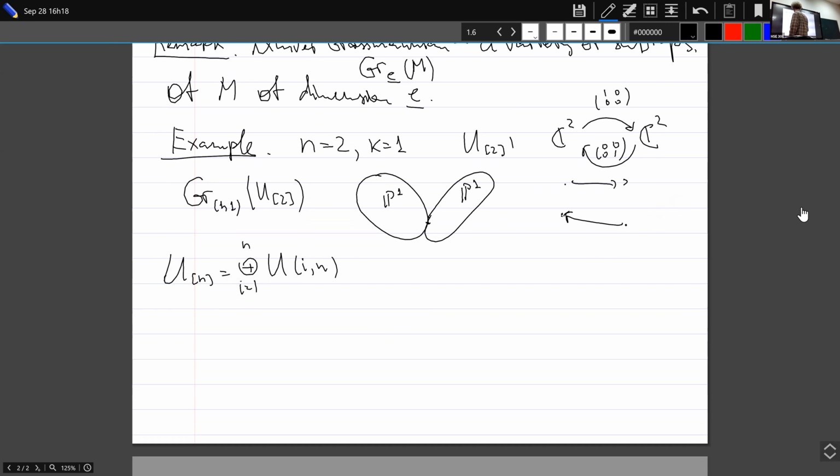And let me write, let E_i^A be the basis vector of U_i^n at vertex A. So this is what Igor asked.